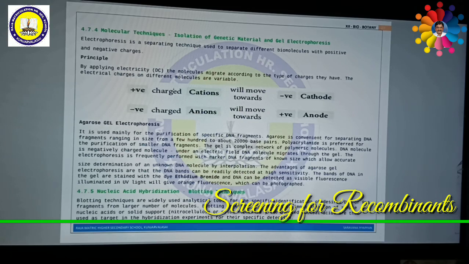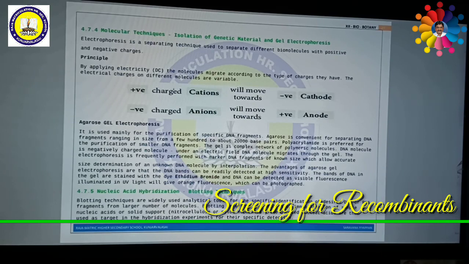So the DNA bands from the electrophoresis can be readily detected at high sensitivity. The bands of DNA in the gel are stained with a specialized dye called ethidium bromide.